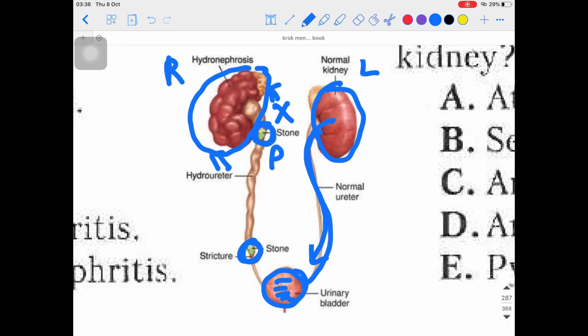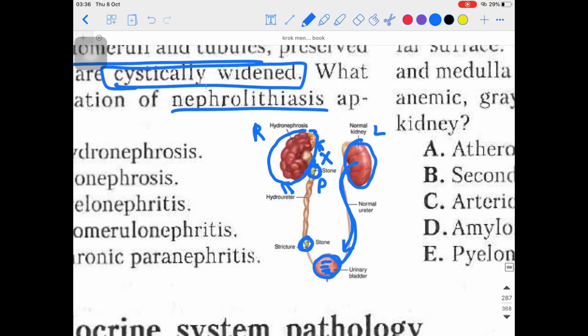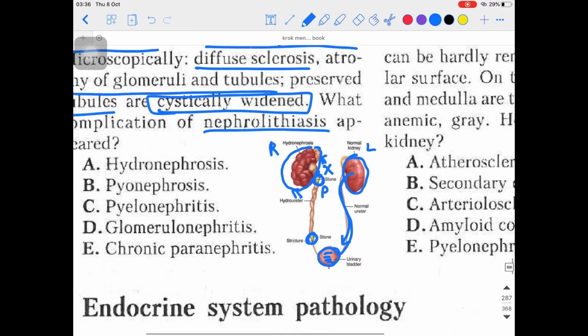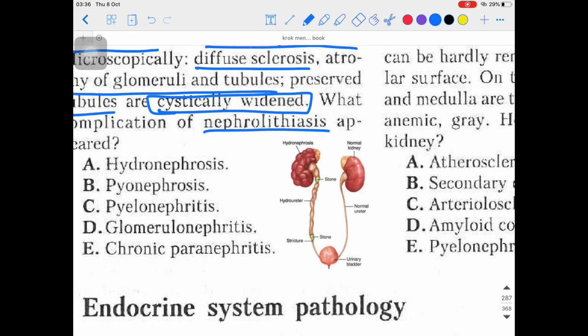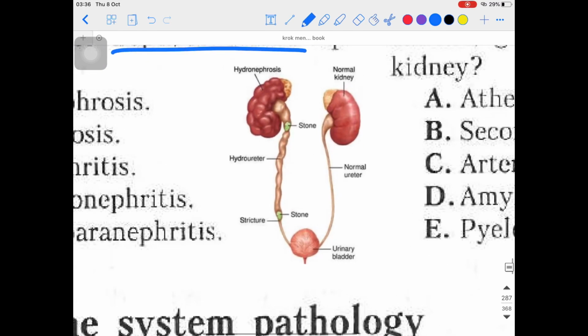That is the hydronephrosis: water, this extra amount of urine depositing back into the kidney and the rest of the ureter. So what can be the complication which can be appreciated? Let me remove the markings so that you can appreciate it. That is the hydronephrosis case because of this.